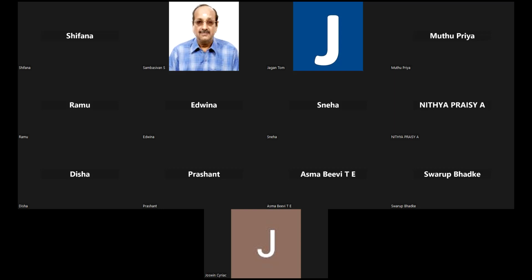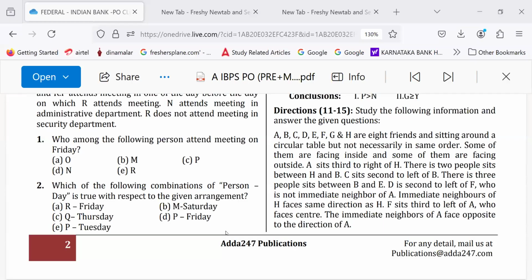So I was driving it from here. This one. And now you are able to see now? Please see. No, sir, it's not visible. I'm sorry. Now it is visible. Correct. Now it is visible. A, B, C, D, E, F, G, H.